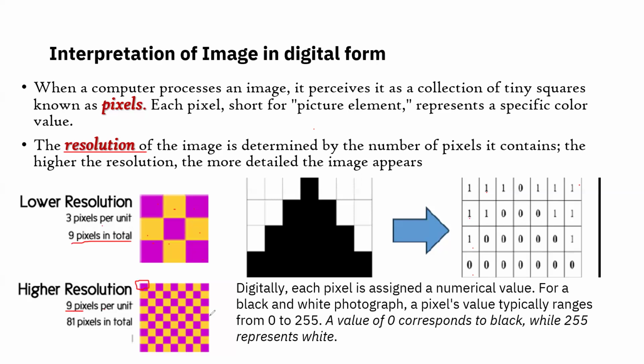So what does that actually mean? This is the meaning of the word resolution in terms of a digital image, right? So digitally, each pixel is assigned a numerical value. And for a black and white photograph, a pixel's value typically ranges from 0 to 255. वो जैसे जैसे आपका 0 is a complete white and 1 is a complete black. Now you have shades of gray.